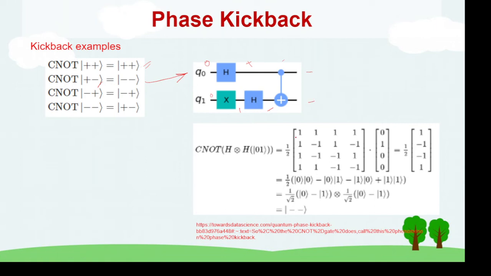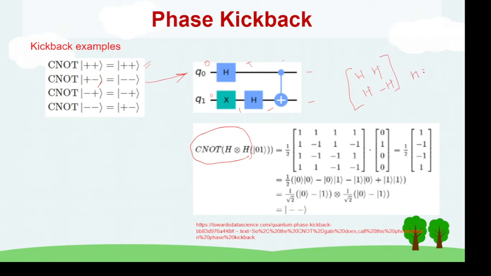Let us see how it happens. Okay, so 0 and 1 before we apply the Hadamard gate. We have 3 gates here, 2 Hadamard gates and 1 CNOT gate. When we apply 2 Hadamard gates to 2 different qubits, the tensor product will result in H tensor H, right?